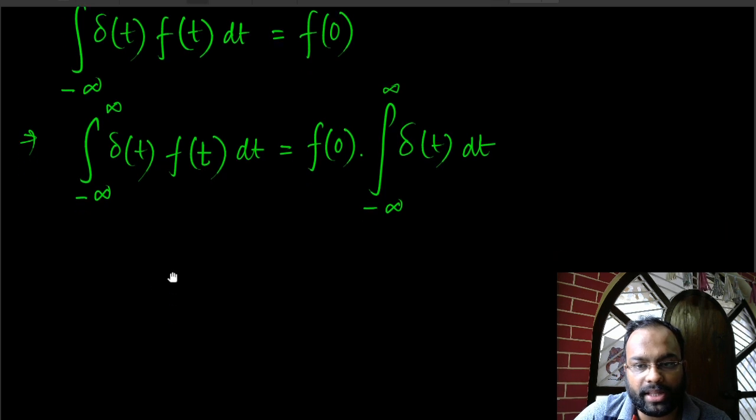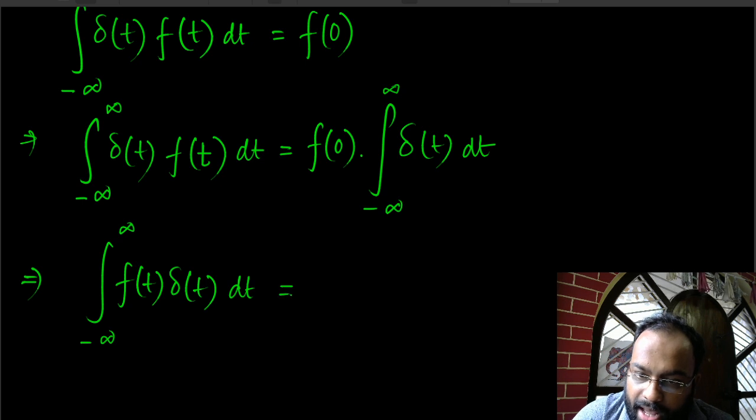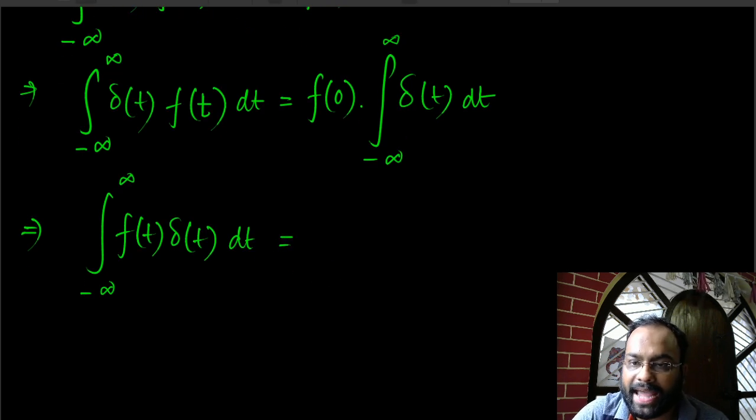Since f0 is a constant, I'm writing this left hand side once again: integral of f(t) delta(t) dt. And since f0 is a constant, it can go inside the integration without a problem, right?